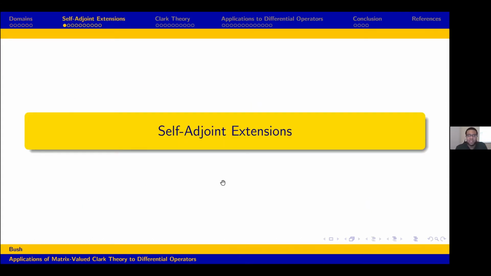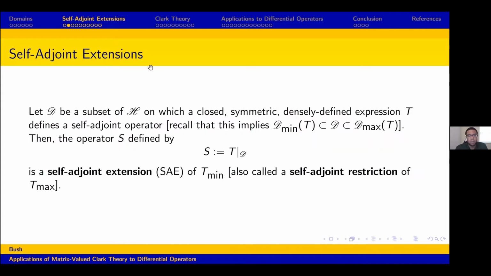Okay, so next we're going to talk about self-adjoint extensions, which are really the crux of what I've been investigating recently. As I've alluded to earlier, an interesting question to ask is, given an expression and a particular domain, does that pairing define a self-adjoint operator, right? The set of all the domains on which that occurs are the set of all self-adjoint domains, and we'll call the operator restricted to such a domain a self-adjoint extension of T-min.